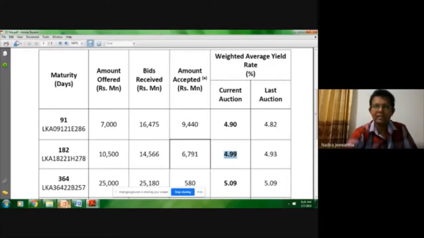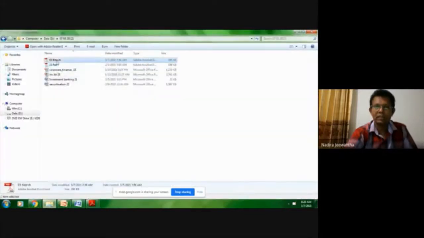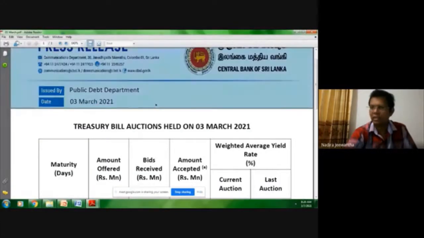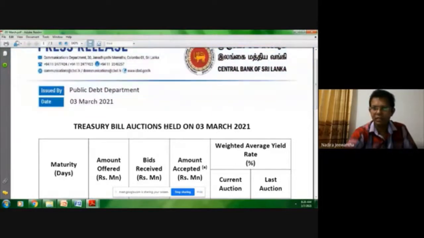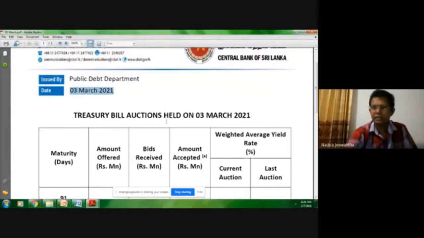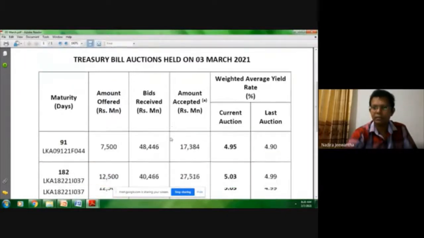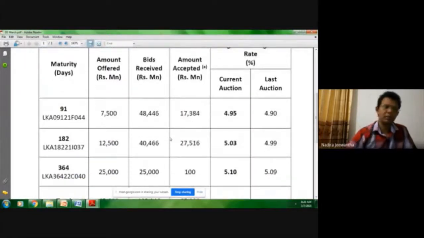And see the latest treasury bill auction results. This is the latest, previous week. Now see what has happened. The 3 months 4.93 has gone up to 4.95.